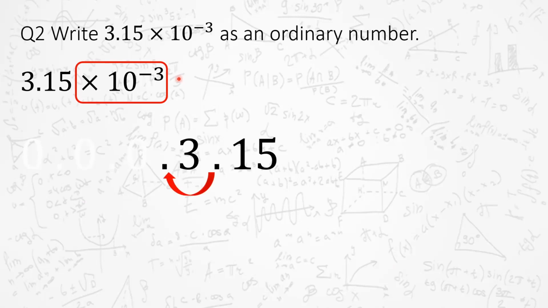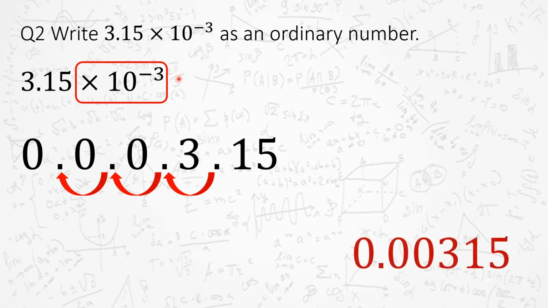Once, twice, 3 times, add your 0, and that's it. So your final answer is 0.00315. To summarize, if it's 10 to the power positive number, you move the decimal point to the right. If it's 10 to the power negative number, you move the decimal point to the left.